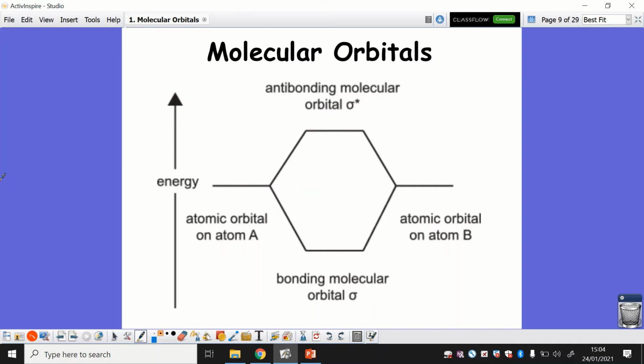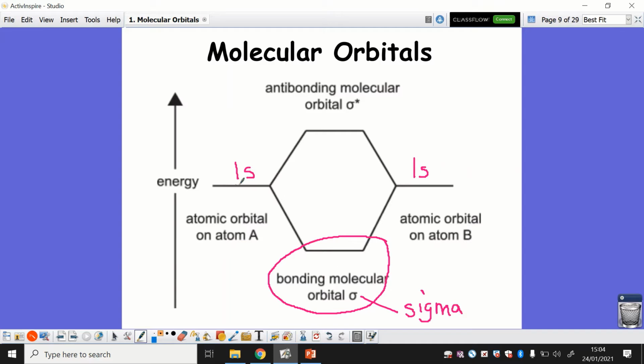So here's just a little look at those orbitals in terms of their energy. Say here we have 1s, 1s. As they combine, this bonding molecular orbital, as you see, it's denoted there by a little sigma, and we'll talk more about that in a wee bit. It sits down here at a lower energy.